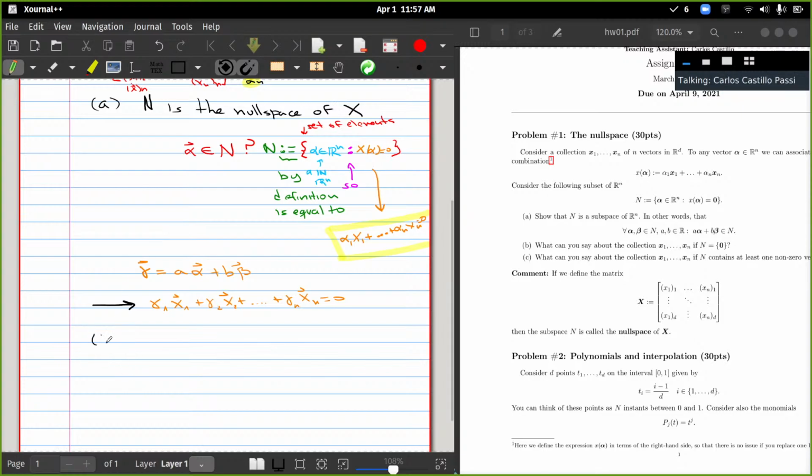For question B, what can you say about the collection x1 until xn if the null space is just this? You should have seen this in class. You know what happens to the collection if that is true?